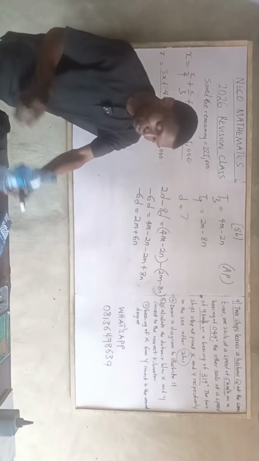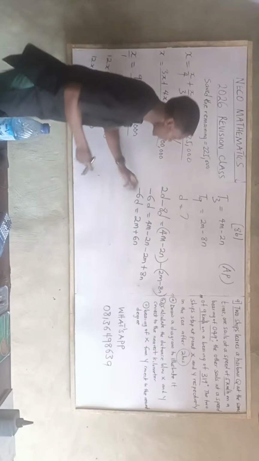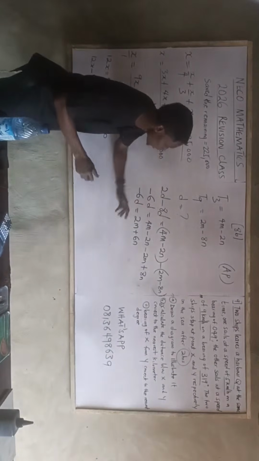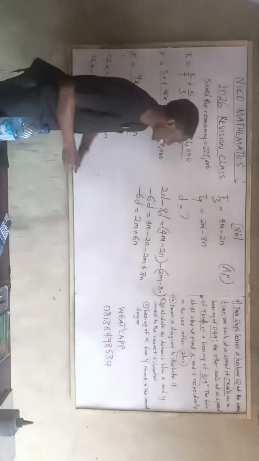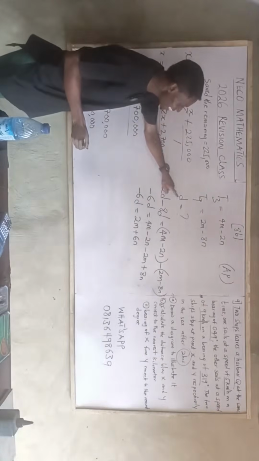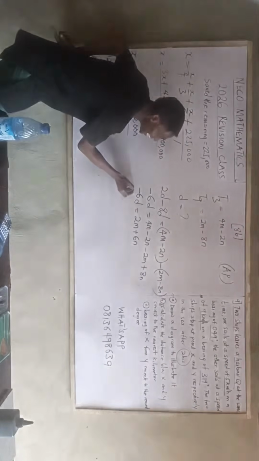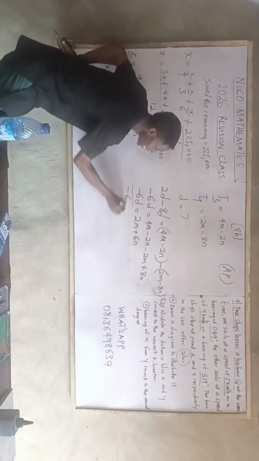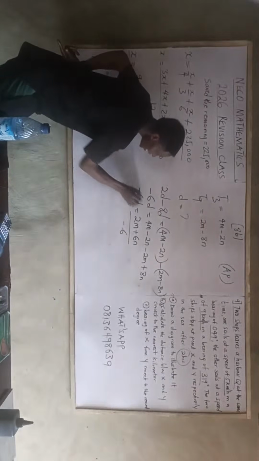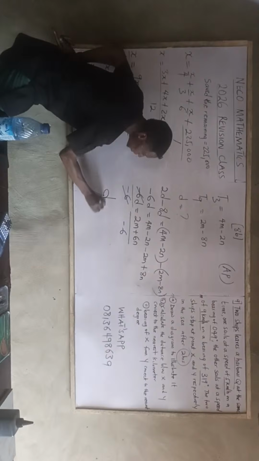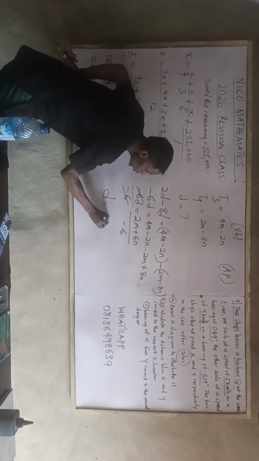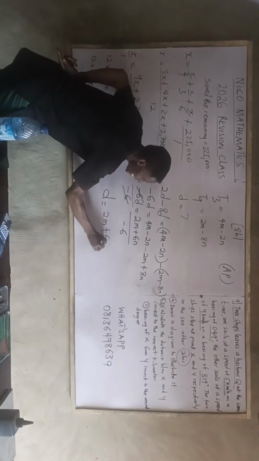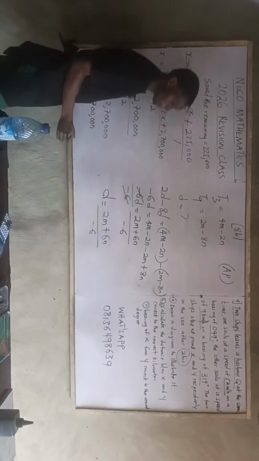All right, thank you. Now, from here we've got minus 6d equal to 2m plus 6n. We have to make d in terms of m and n. So finally, I divide both sides by minus 6. It leaves d alone equal to 2m plus 6n all over minus 6.